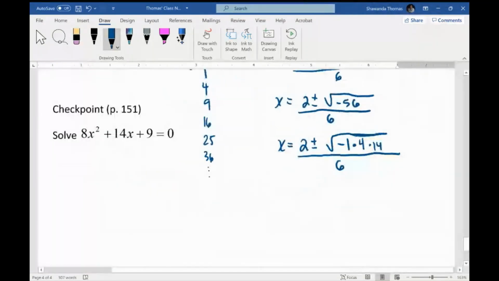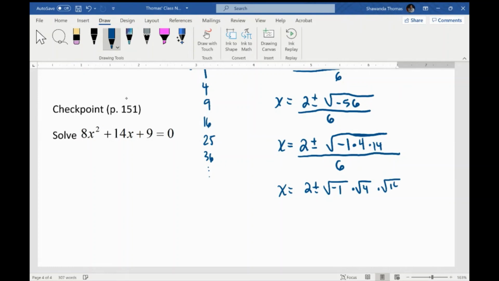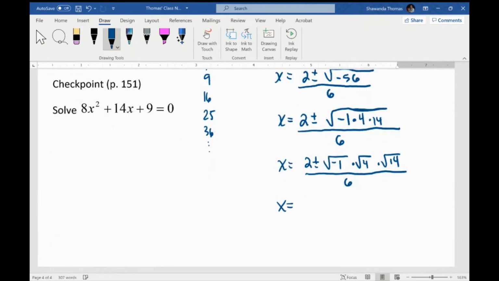All right. Now we have x equals 2 plus or minus. Let's split up our radical into 3 radicals: the square root of negative 1 times the square root of 4 times the square root of 14, all over 6. Let's begin with the square root of negative 1. What is it? i.